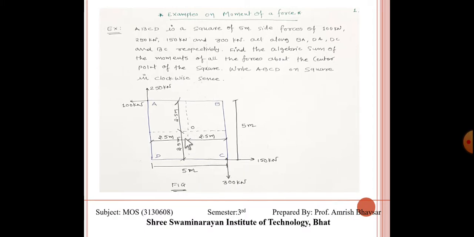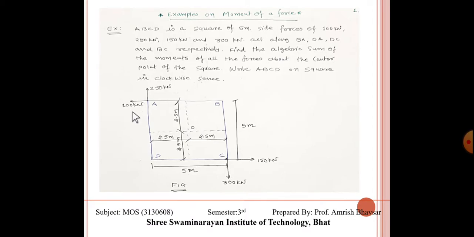We are going to find the moment of all the forces about the center point. The distance from each force to the center is 2.5 meter. Now we have to find the moment of all forces about the center. This 250 kilonewton force is moving upward, so it will create a clockwise moment, 250 into 2.5.